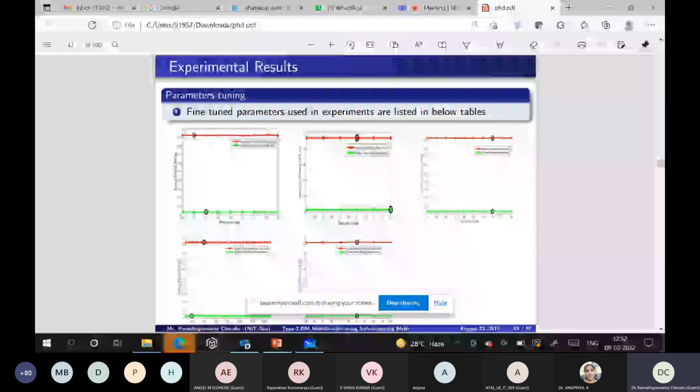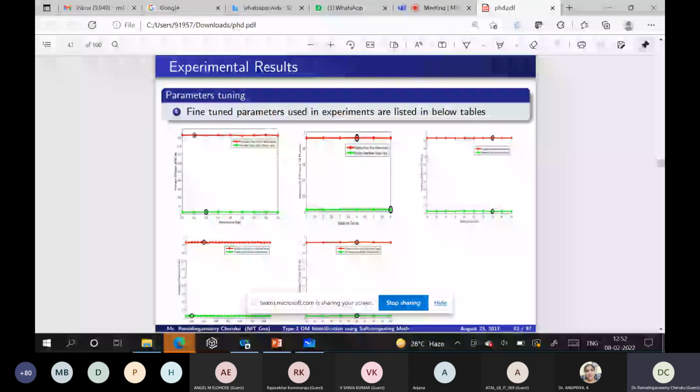You have to fine tune them for this specific problem. So what we did for this is use sensitivity analysis. As we have multiple parameters, by keeping four parameters constant and changing one parameter value and evaluating the performance of your model, then you can fix this value. This process is called sensitivity analysis.